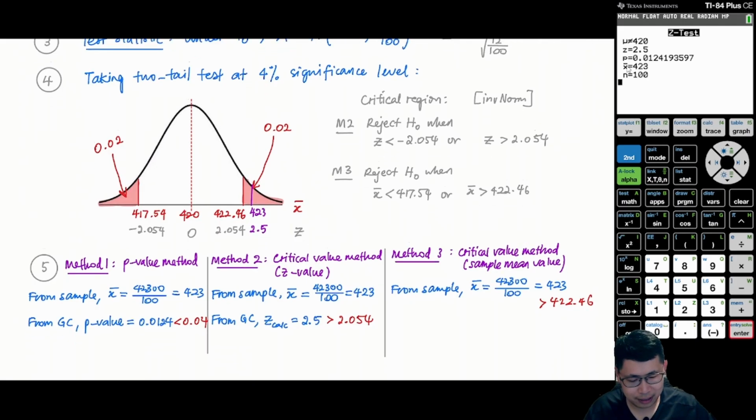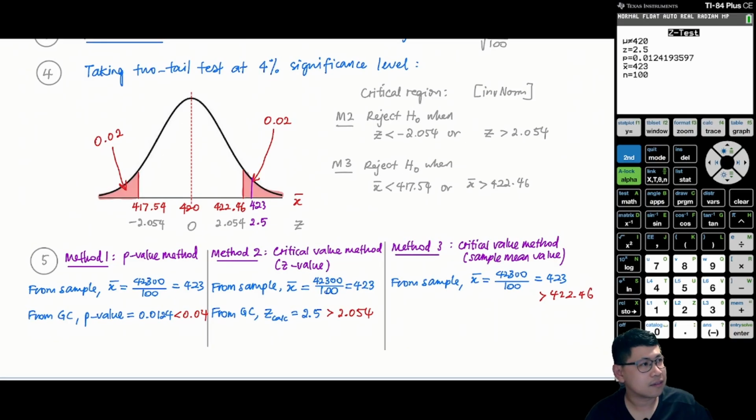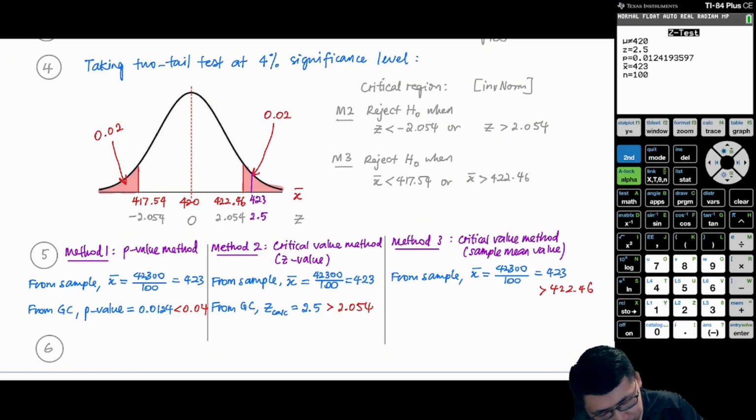Because of this, the conclusion we can write is we can reject H naught. The decision is we need to reject H naught because it falls in the rejection region.